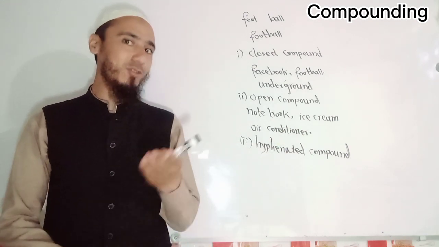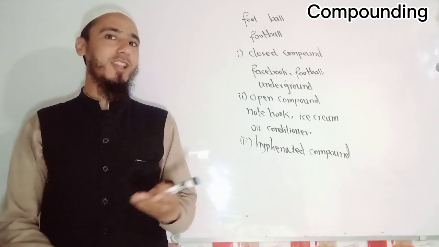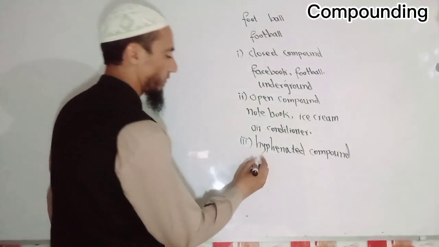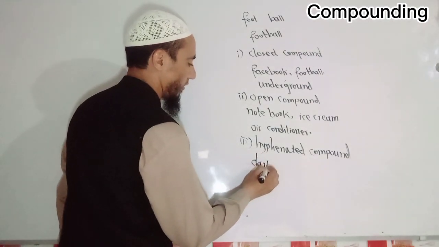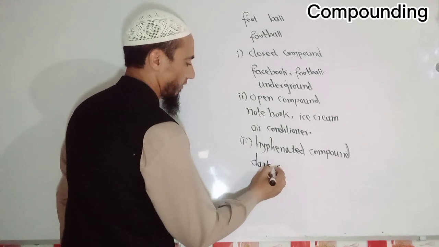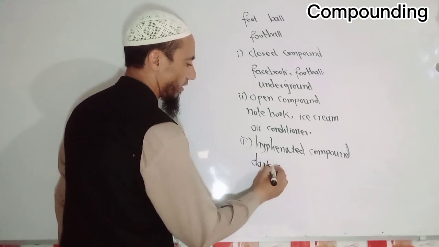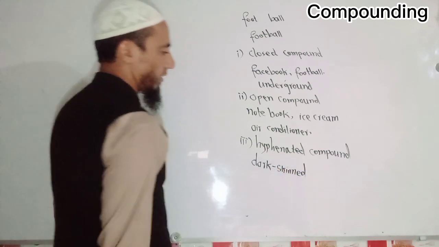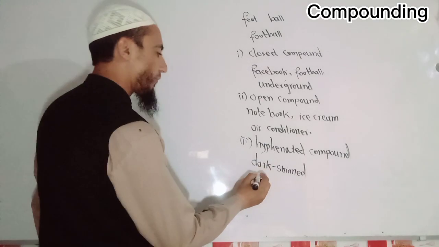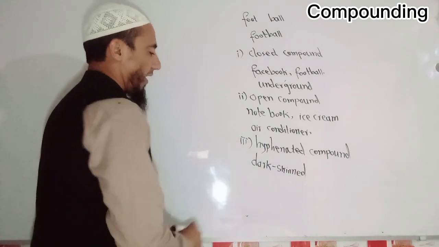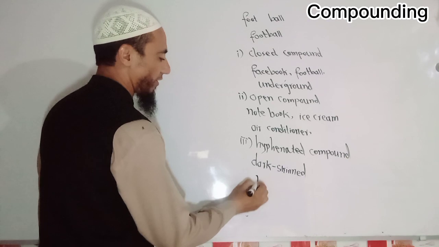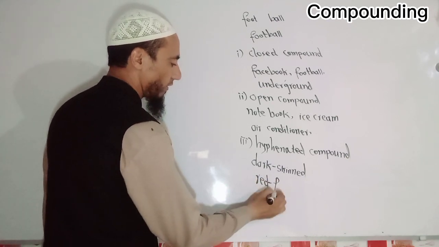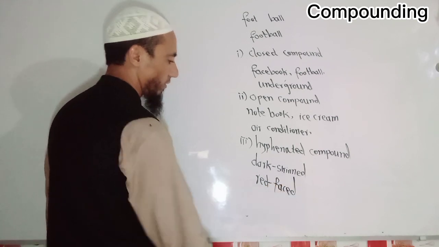It means if you're talking about two words, then between them. If you're talking about more than two words, then among them. Take the example of dark-skinned. Another interesting example would be red-faced.